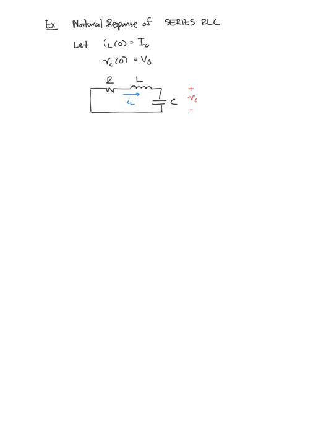Okay, so a couple of little equations we can write down right away. The initial current at time 0 of this system, and we can abstract that to just being the current through all elements, I at time 0, is just equal to the initial inductor current.